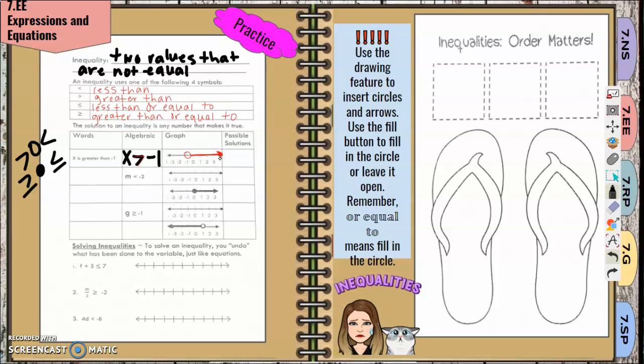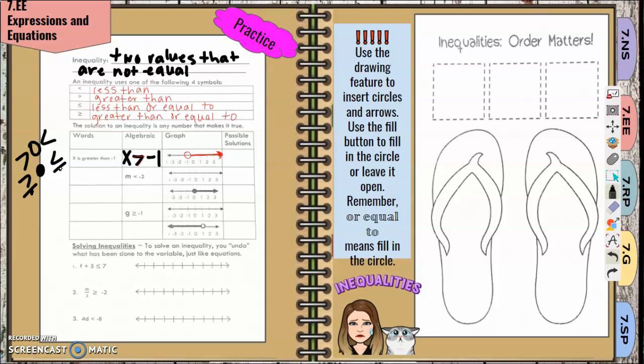Our arrow is going to be pointing in the same direction as our inequality sign. So that's how you know which way to shade. And whether there's an or equal to line under the inequality is how you know whether it's an open circle or a closed circle.